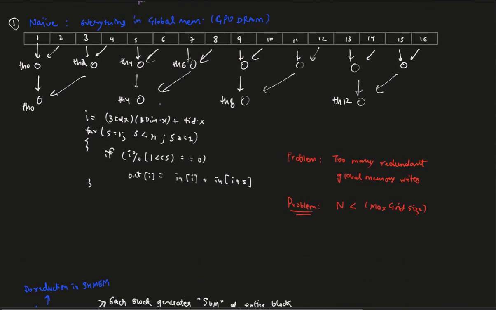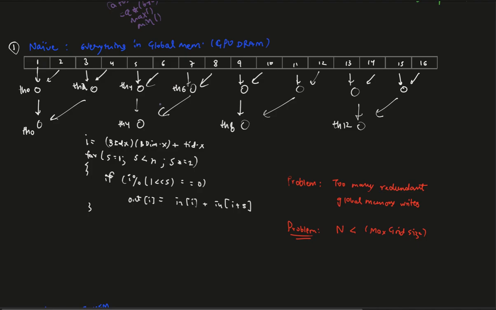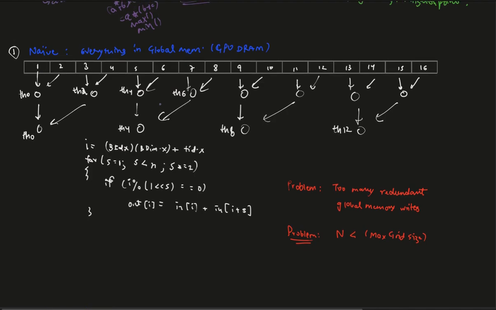So the first naive kernel would be we just do everything in global memory, that is the GPU DRAM, and let's say we have n elements, and let's say n is less than the maximum grid size supported by our hardware.